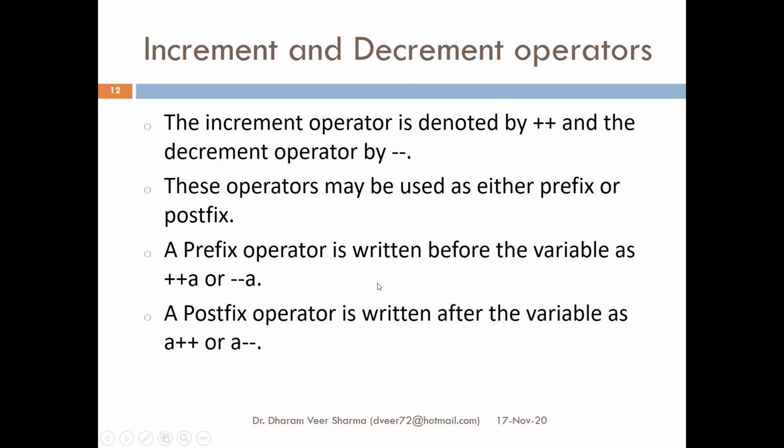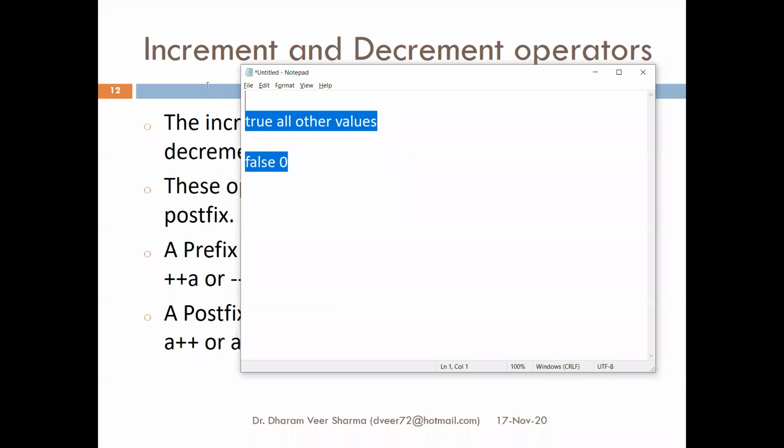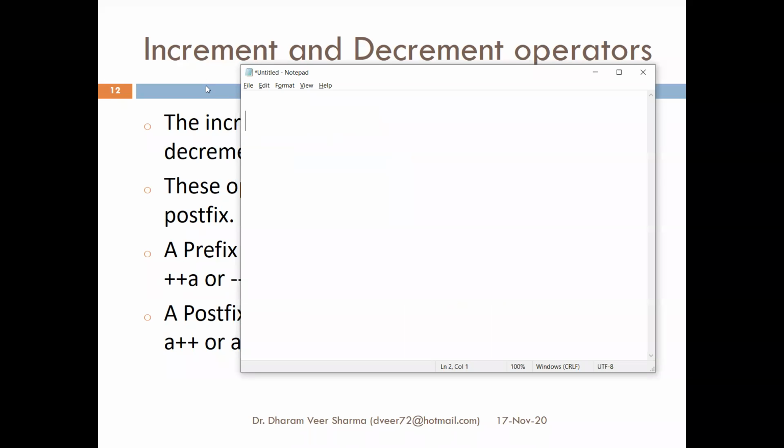Okay. Then increment and decrement, something very, very important. I'm writing here some expression, integer a is equal to say 10, and then I'm writing a plus plus, and I'm writing plus plus a. Is there any difference between these two? Yes, sir. Okay, anybody else?